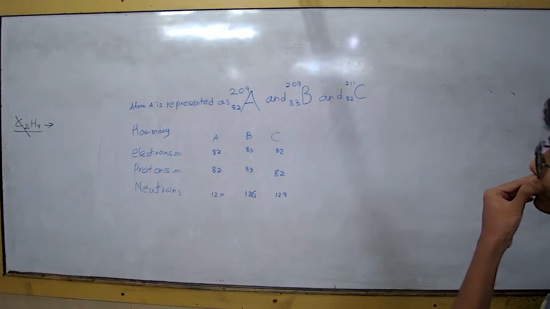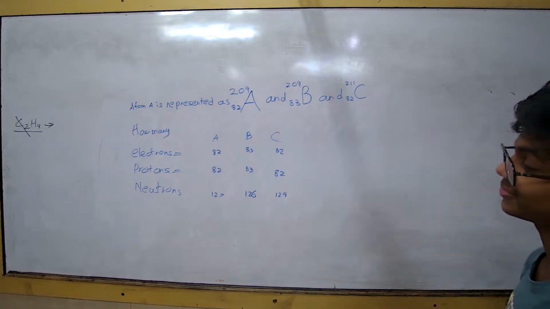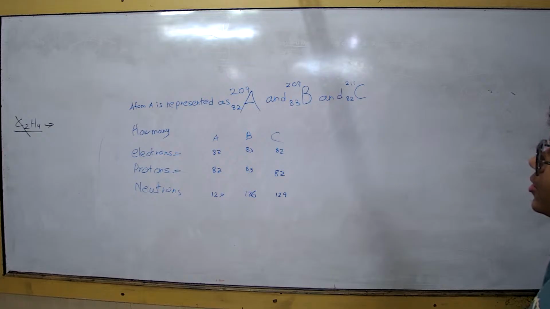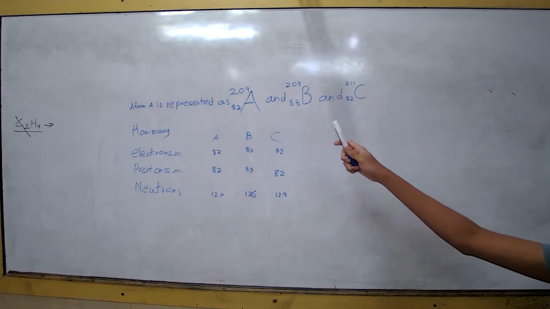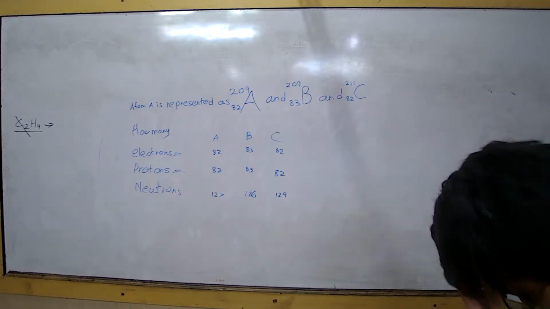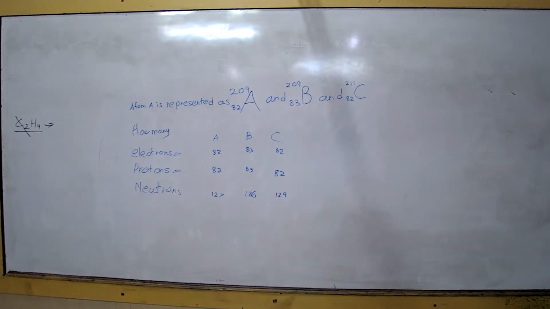Name the term that can be used for A and C atoms. Isobars. Okay. Now define the term mentioned in part C above.